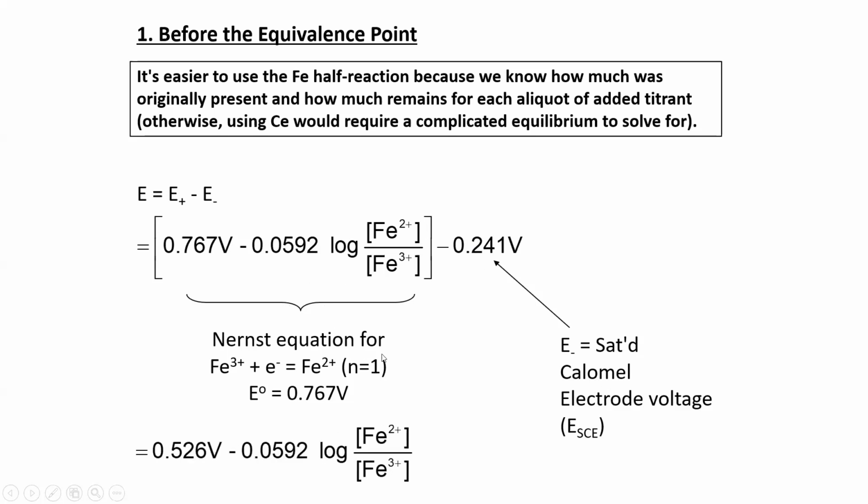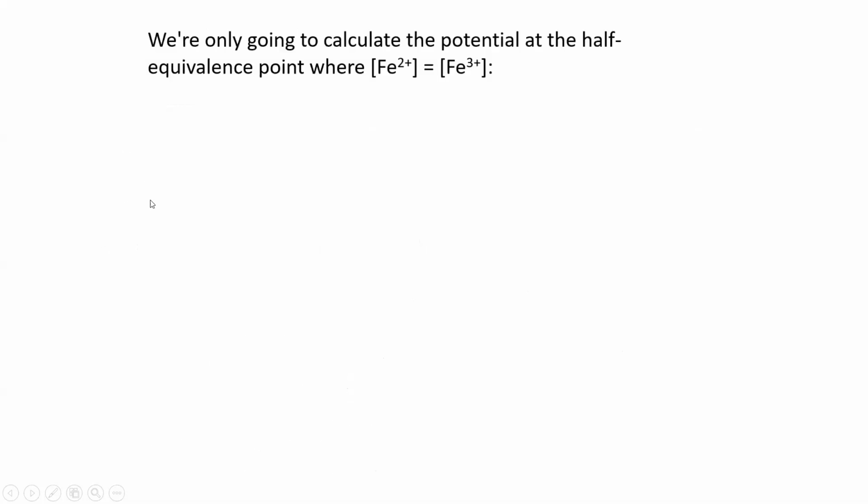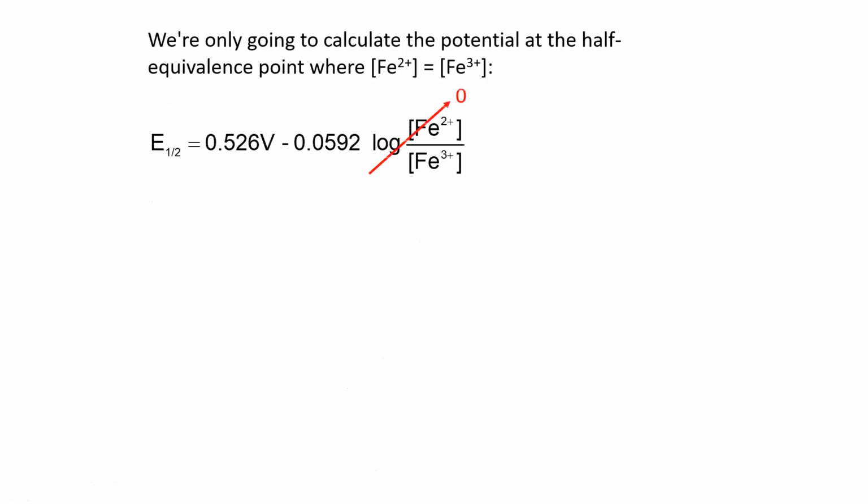And looking at this, we can get our final electrode potential. But we're only going to calculate the potential at the half equivalence point, where at that particular point, your iron 2 concentration is equal to iron 3 concentration. So if this is equal to this, log 1 is 0.